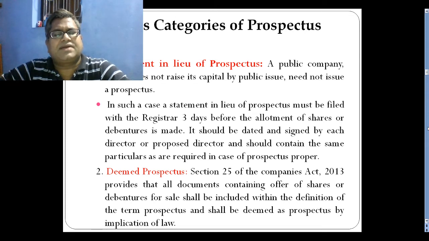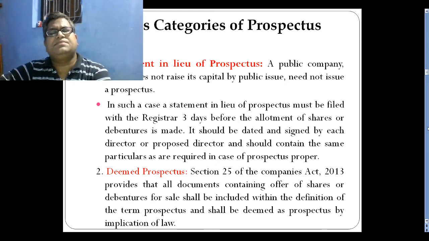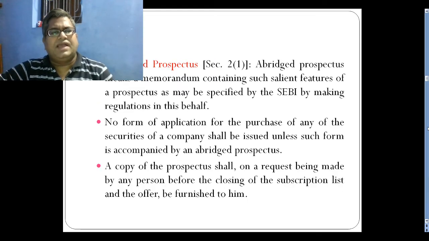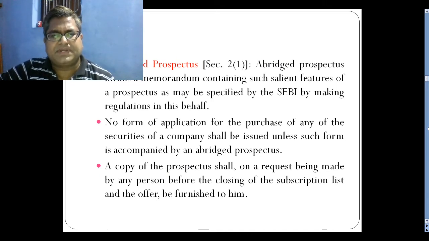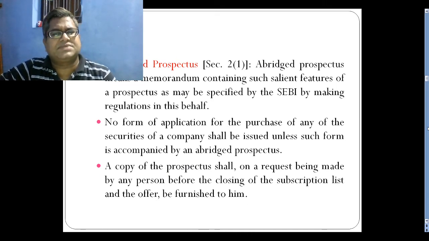A deemed prospectus, according to Section 25 of the Companies Act 2013, covers documents containing shares or debentures offered for sale, which are treated as a prospectus by implication of the law. Another one is an abridged prospectus, under Section 2 subsection 1.